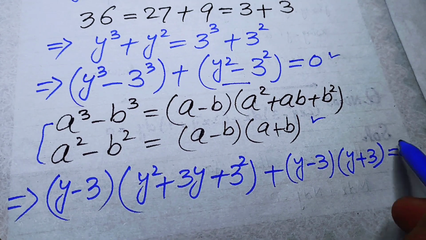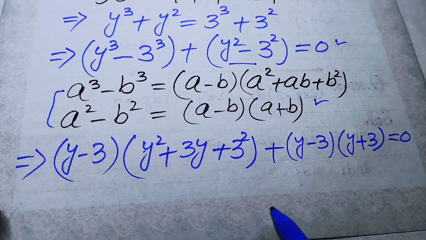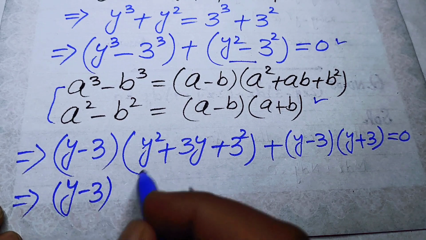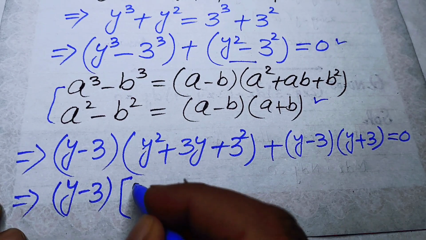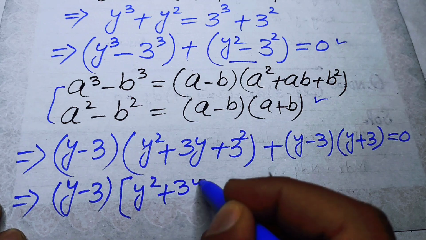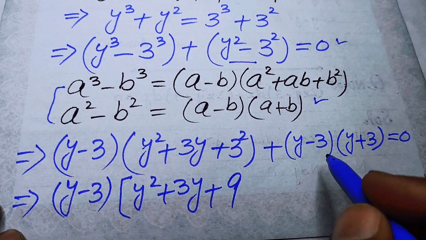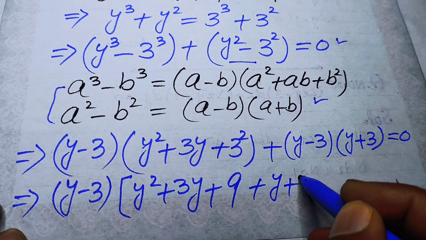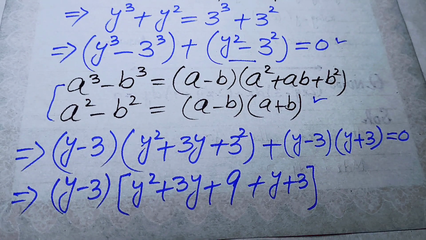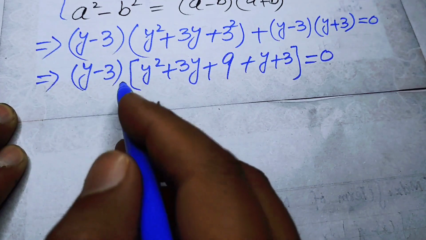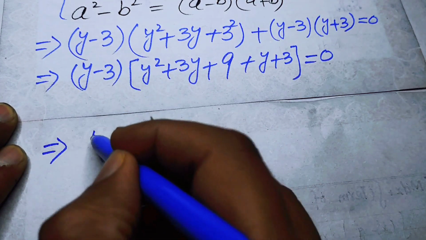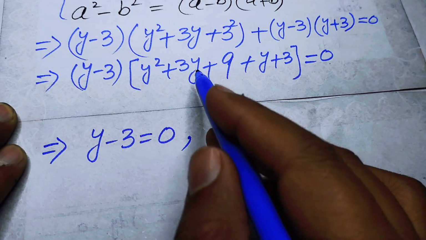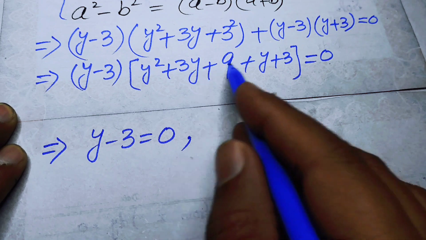After that, you can see we take common y minus 3 from both of the terms, so we get y squared plus 3y plus 9, and y plus 3 in the other bracket. So now we can solve this equation, and here we get y minus 3 is equal to 0, and we simplify the other term.